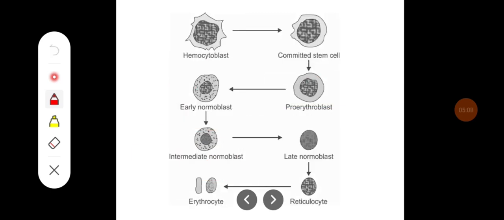So these are the different stages of erythropoiesis. They all derive from the pluripotent stem cell, that is the hemocytoblast.